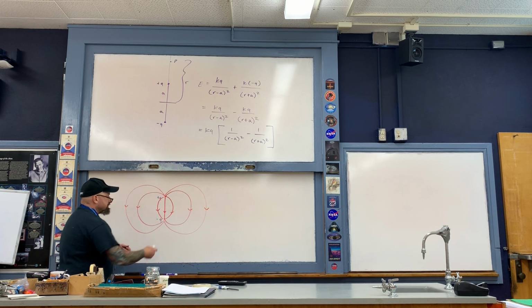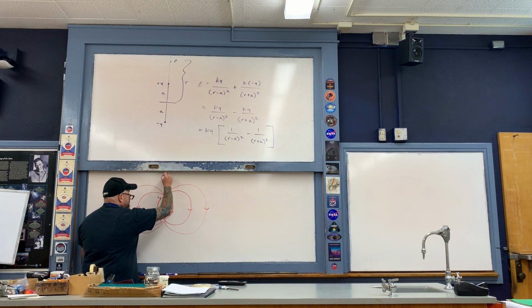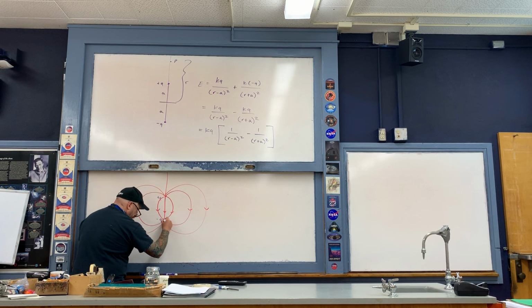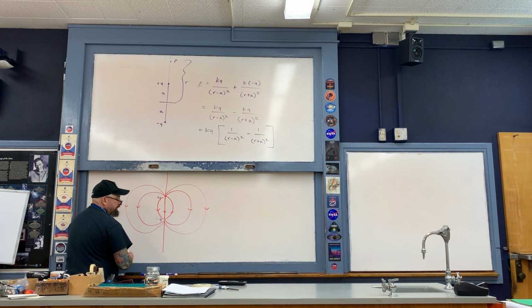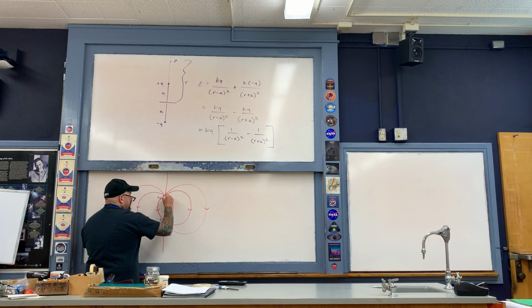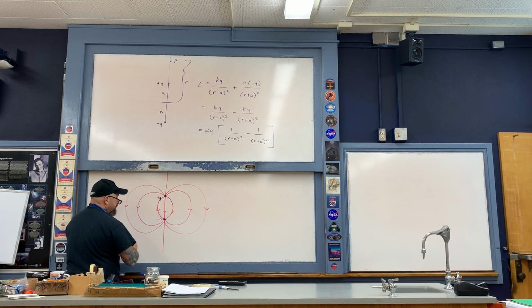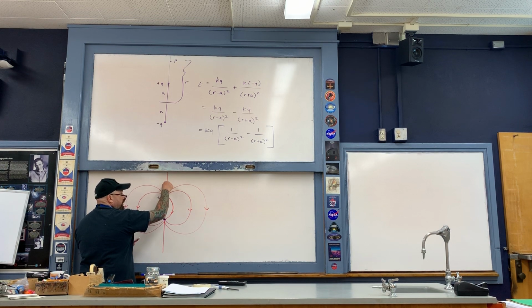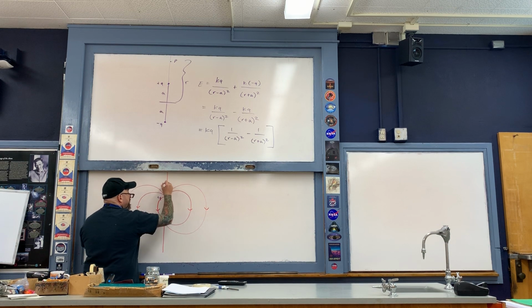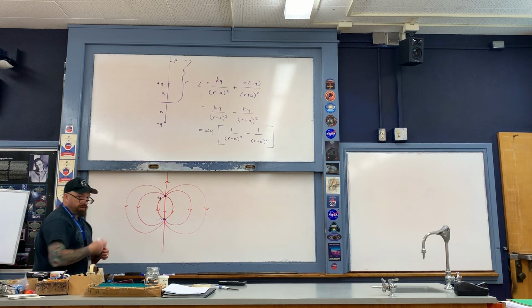But what about along this line? What about along this line? This I did not draw earlier. Well, what we just found on the top board is when we're directly above the dipole, on this diagram that I'm tracing out here, say at point P, the electric field at point P points in that direction, like so.